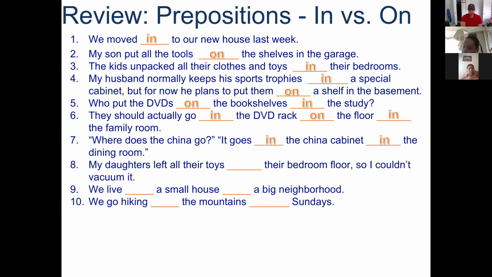My daughters left all their toys on their bedroom floor, so I couldn't vacuum it. Why is it on their bedroom floor? Because the floor is a surface.